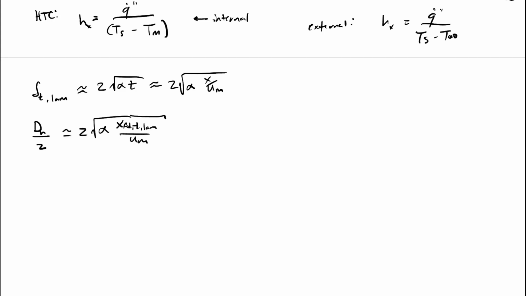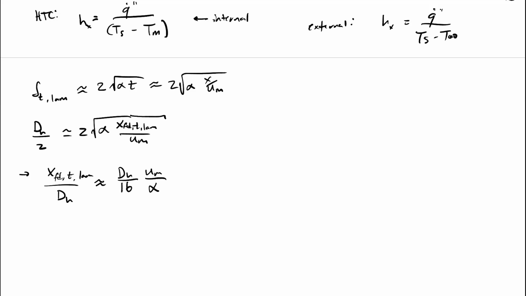Then we can go through and solve for x_FD. It's just algebra. You end up with x_FD thermal in the laminar flow regime divided by D_h approximately equal to, let's see, D_h over 16 times u_m over alpha, solving that equation.